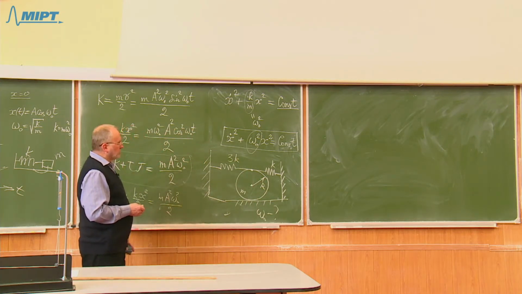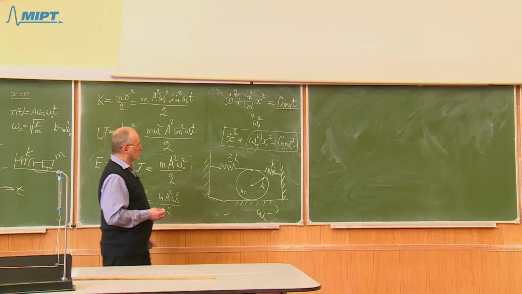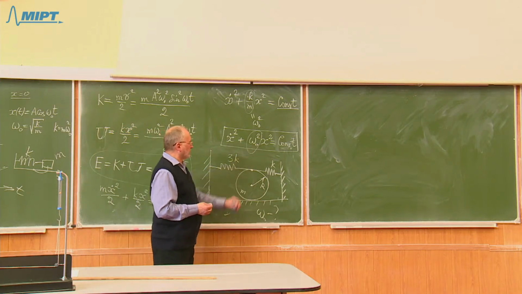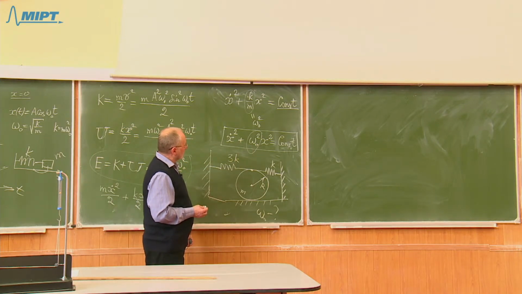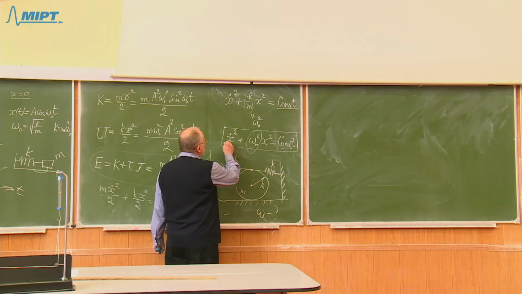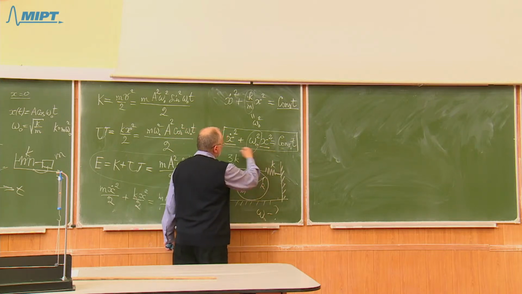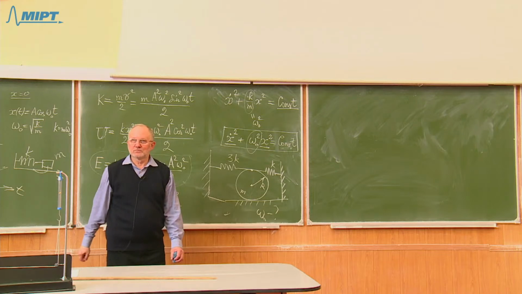But actually, energy considerations will be much, much easier. They will lead you directly to this equation. The only problem here will be to choose the coordinate x. What should be x in this problem?